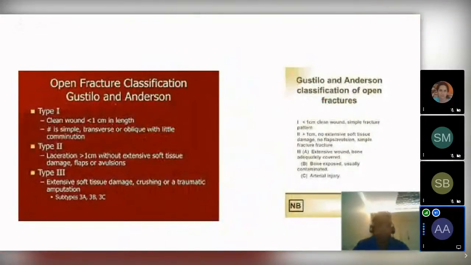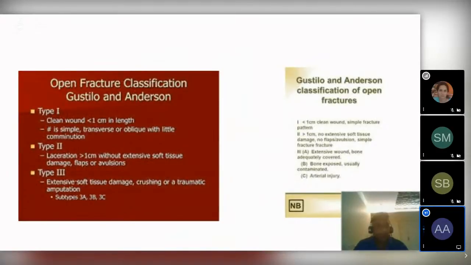So when do you call type 1, type 2, type 3? See, when the wound is less than 1 centimeter, it is type 1. Type 2 is more than 1 centimeter. Just remember the size of the wound. Type 1 less than 1, type 2 more than 1. Simple. Don't bother about the other things.